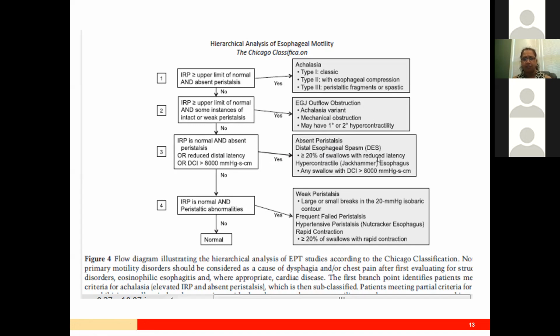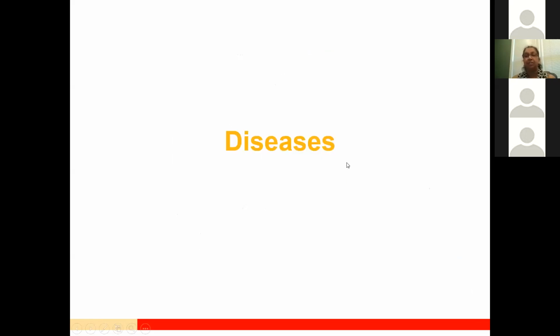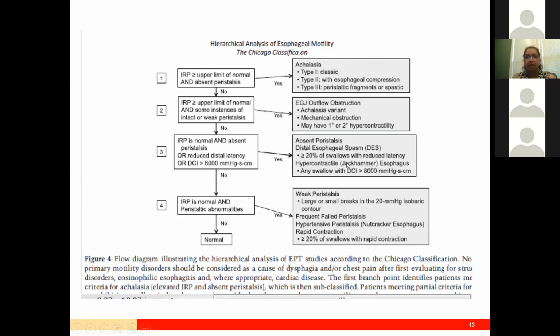And if some of the swallows have a reduced latency, what we would have identified as simultaneous swallows on traditional manometry, that's what we call distal esophageal spasm. And finally, you can have a normal IRP and peristaltic abnormalities, including weak peristalsis or frequently failed peristalsis, and that takes us into another realm of interpretation.